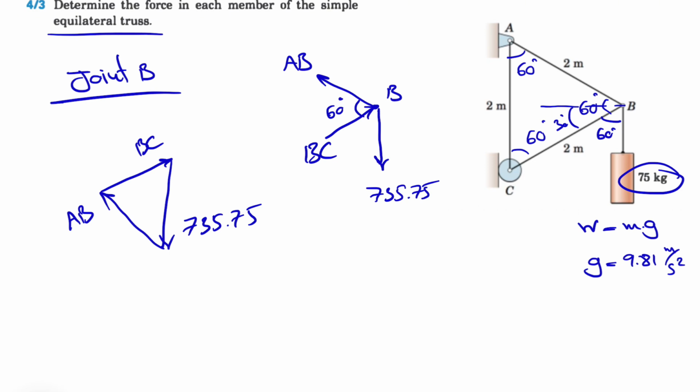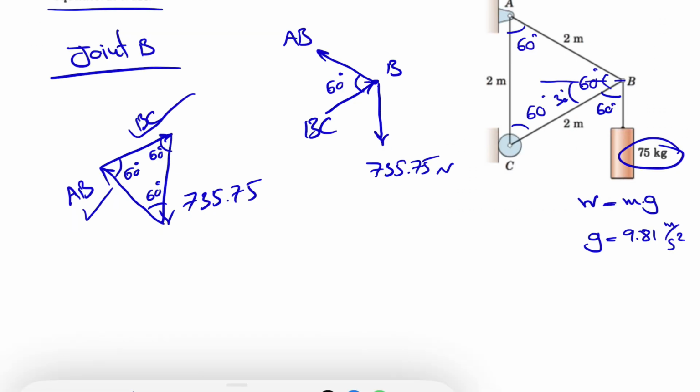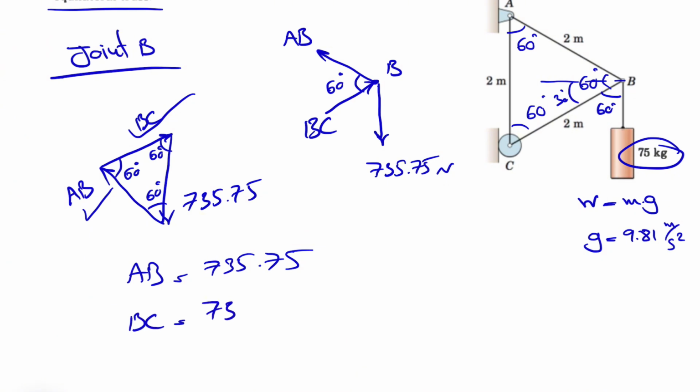So if that's the case, we're going to get another equilateral triangle in here, meaning each side has to be equal to the other one. So if that's the case, our AB will also be 735.75, and same for the BC. So BC would be 735.75.